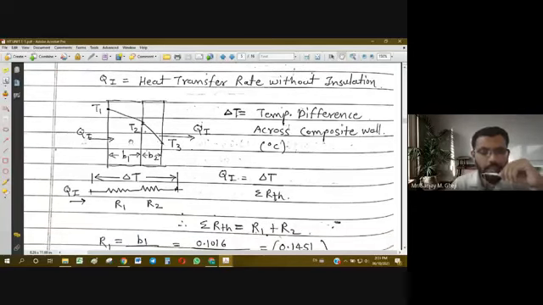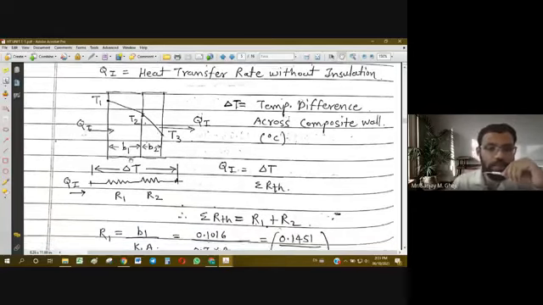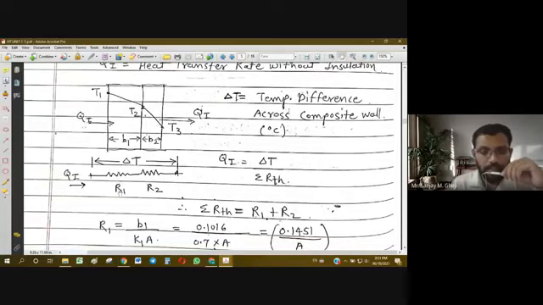So we can draw an equivalent thermal circuit like this. This is the conductive resistance of wall material 1, and this is the conductive resistance of wall material 2. So it is a resistances in series case. R1 and R2 are shown in series connection, and delta T is the temperature difference across the complete wall, across both resistances.